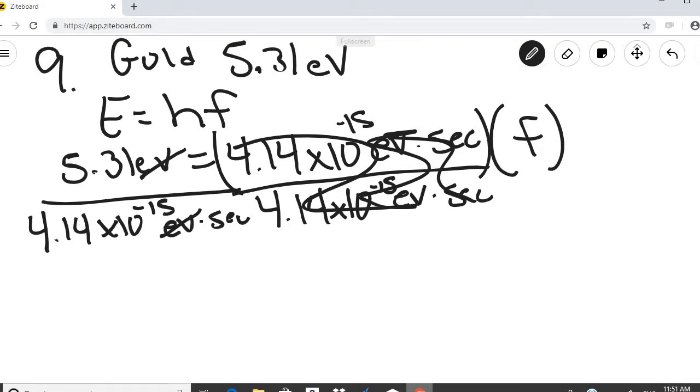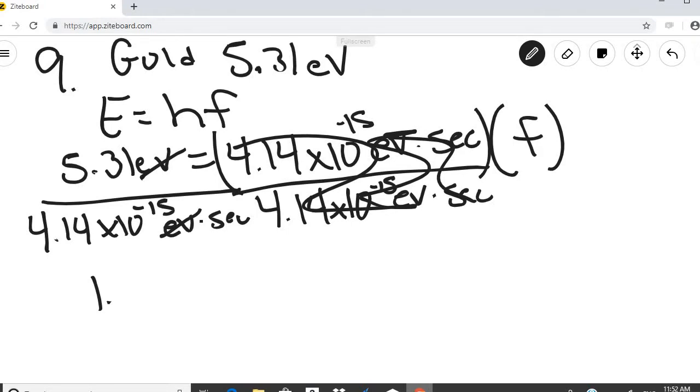So what you should get then is 1.3. And I don't think I have the right number of significant figures, so I should get another significant figure here. Let's see, 5.31 divided by 4.14. I should have 1.28.